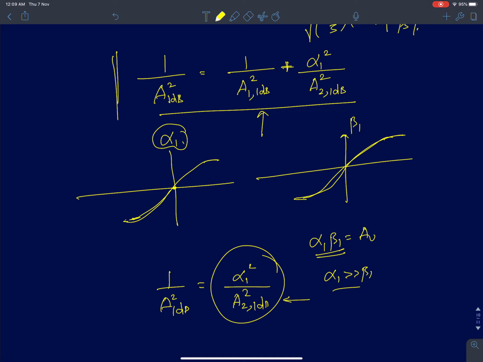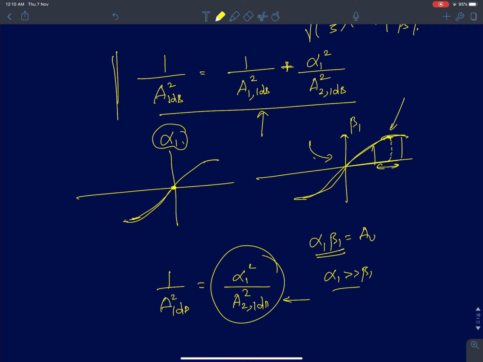It's proportional to root of alpha 1. Also, you are going to amplify it so much that you are always going to operate at a very high amplitude level in the second stage. So all the nonlinearity is going to come because your second stage is getting compressed, because your input signal level is so high that it's going to compress the second stage.